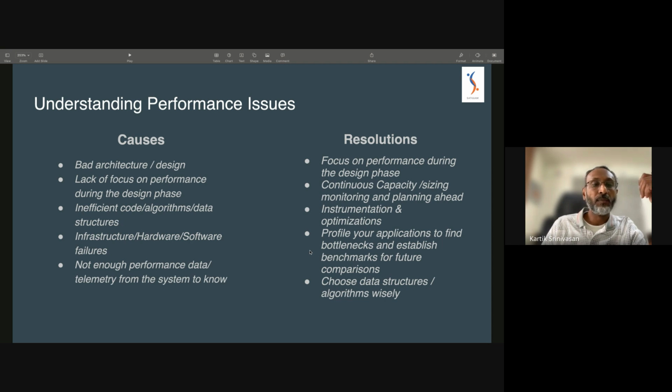Right. So the second most common reason is algorithms or data structures that haven't been used wisely. And I'm assuming many of you go through courses in college, through maybe the first six semesters or so, that are focused on algorithms and data structures.